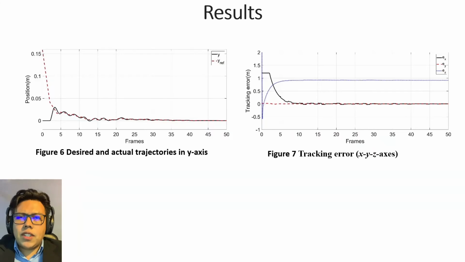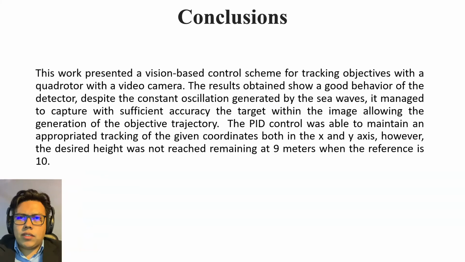This work presented a vision-based control for tracking objects with a quadrotor with a camera, and the results obtained showed good behavior of the detection despite the constant oscillation generated by sea waves.